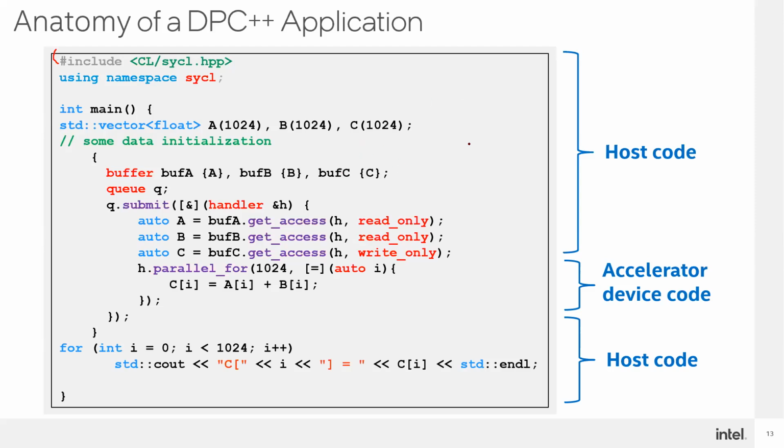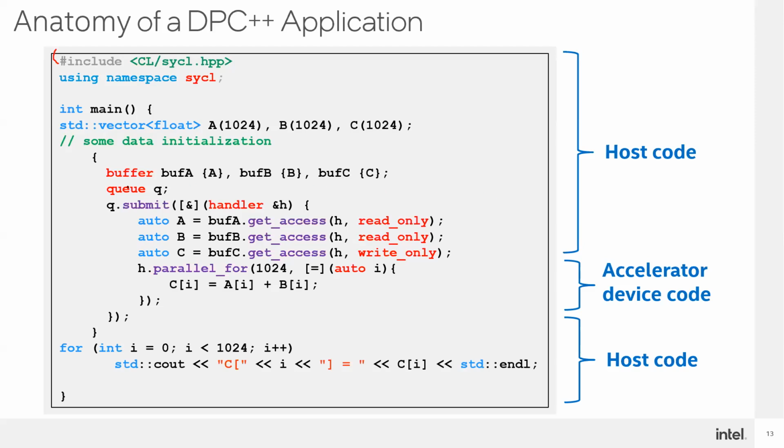We'll go into more details on each of these lines, but I want to highlight that if you take a look at the SYCL code, you need to be aware of how to recognize the device code, which is going to run on the device, and the host code, which you are running on the CPU. There are two markers here.